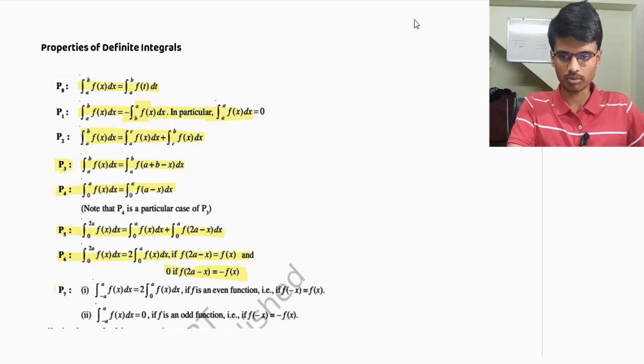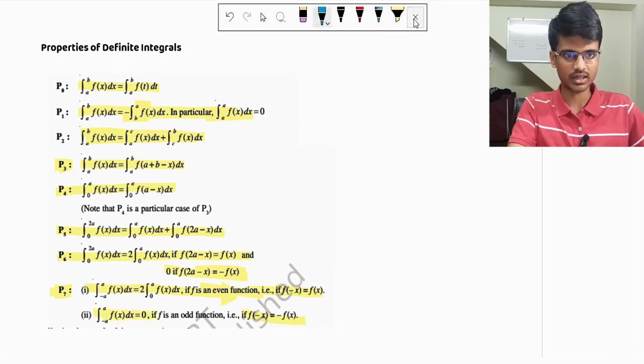The seventh property is another important property: minus a to plus a f of x dx is equal to 2 times 0 to a f of x dx if f of x is an even function. What is an even function? When f of minus x is equal to f of x, that is called an even function. When f of minus x is equal to minus f of x, it is an odd function, and in that case the integral is 0.